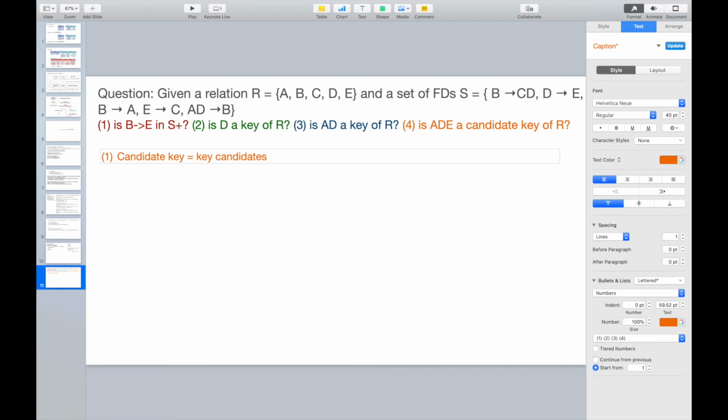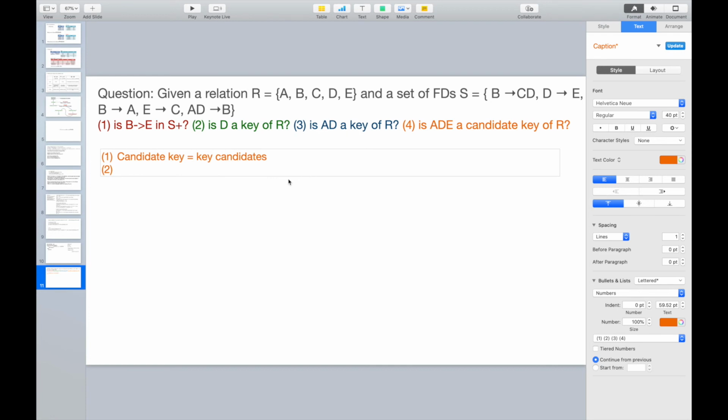Because given a relation, we can find multiple keys, right? We showed before. We can have different choices of the keys for the relation. Each key will be a key candidate, right? And the question we're asking here is, ADE is a key candidate or not? You should have the answer in your mind already, right?